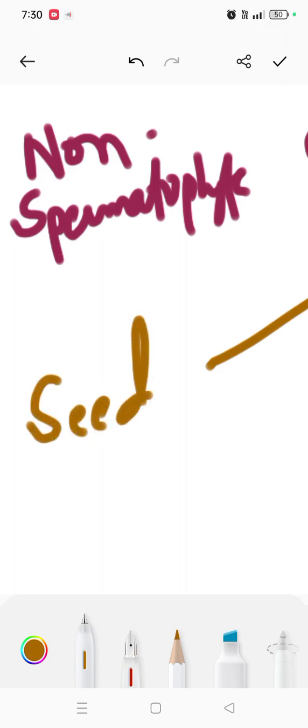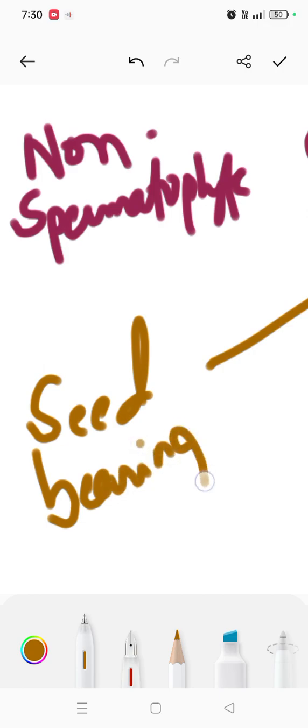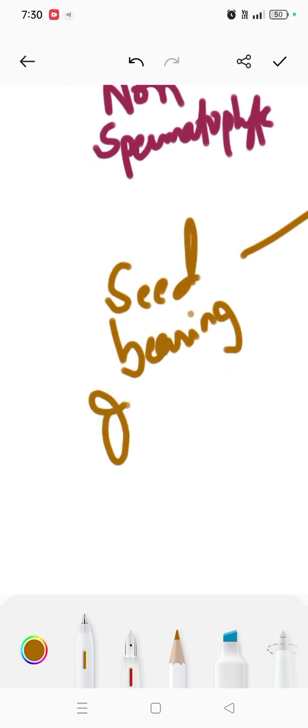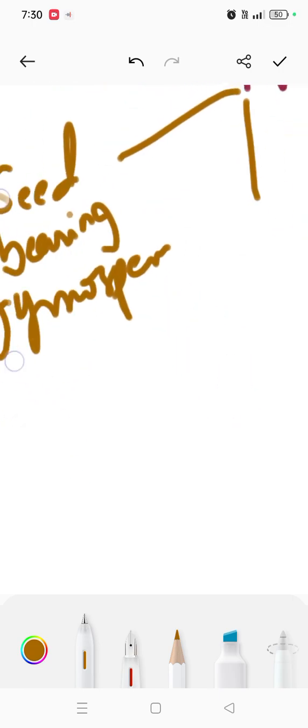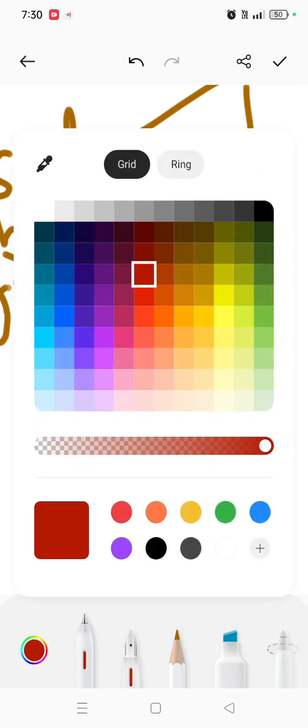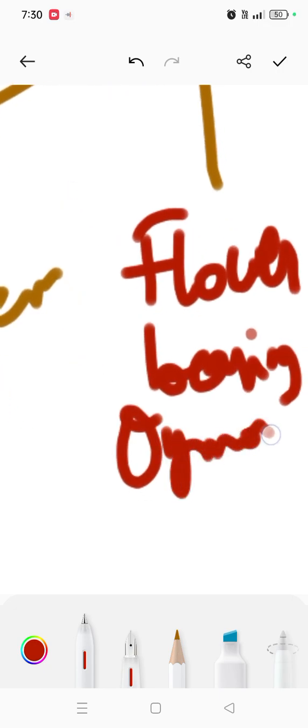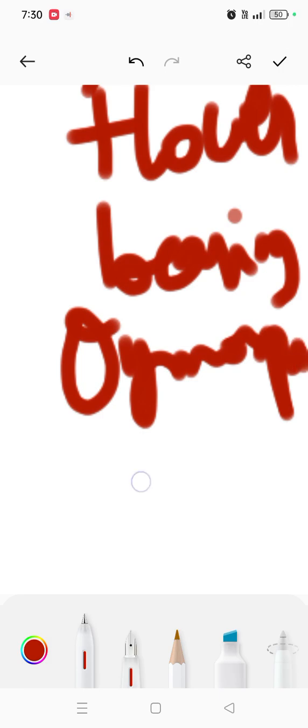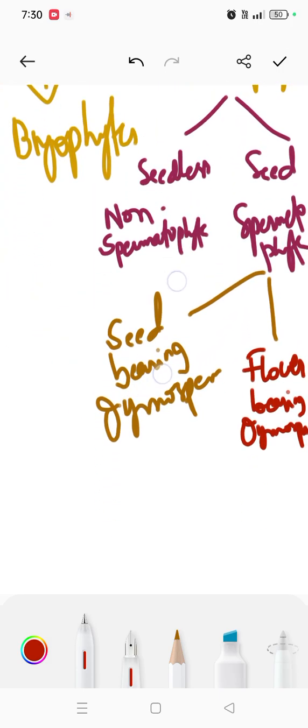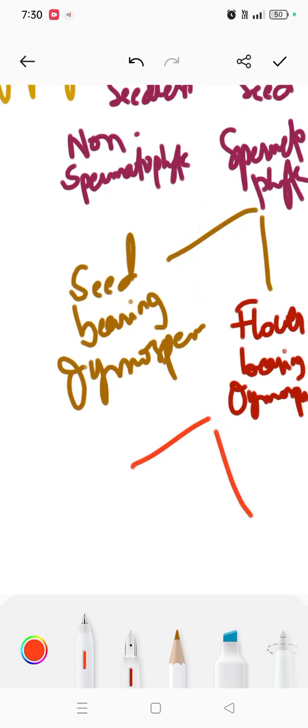They have seed-bearing gymnosperm, and another type which we have is flower-bearing angiosperm. I'm sure it's clear. Still, in this flower-bearing group you will see two more types: monocot and dicot.